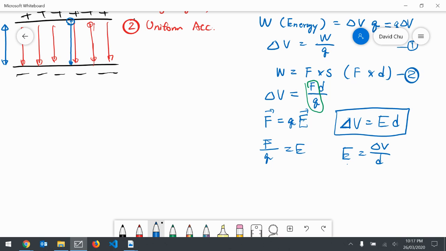By increasing the distance, I'm going to decrease my electrical field strength. And bring back to understanding that electrical field strength is a potential.